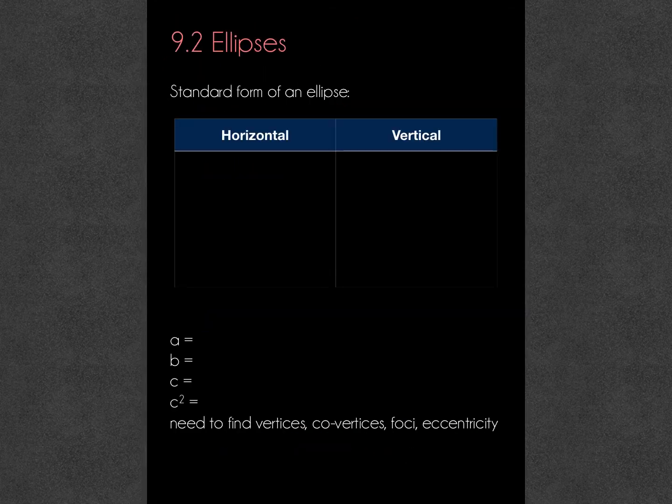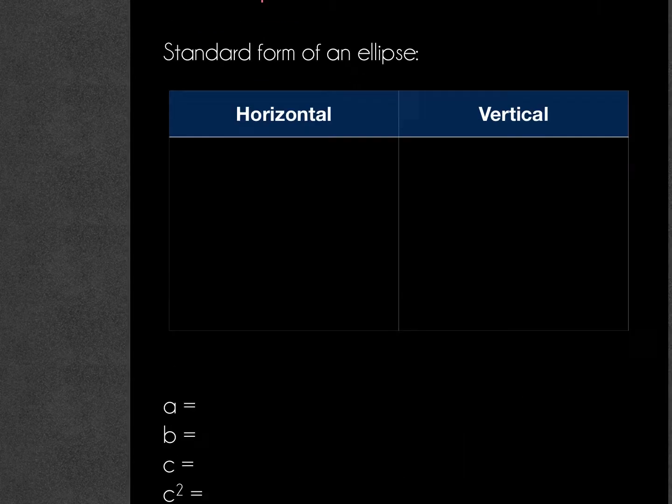Okay, then came ellipses. So the standard form of ellipse also has 2 versions, whether it's horizontal or vertical. If it's horizontal, it means it's wider than it is tall. If it's vertical, it's taller than it is wide. So first of all, it would look something like this. It would be wider than it is tall if it's horizontal, and that's determined by where the a is.